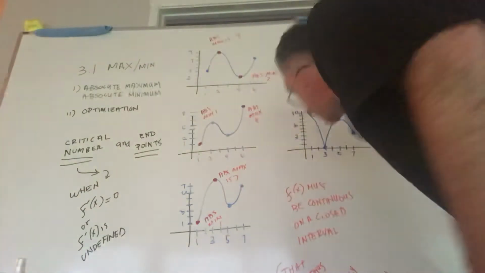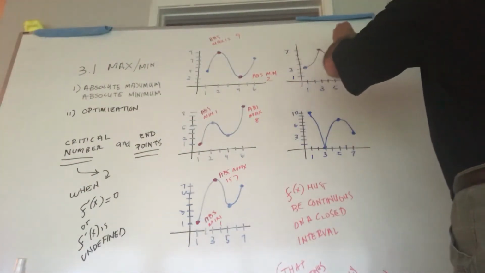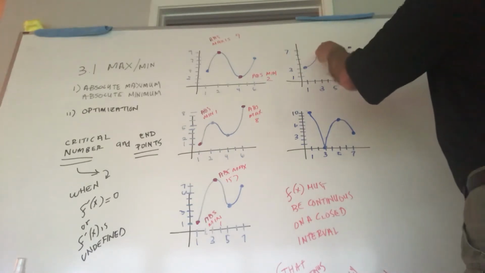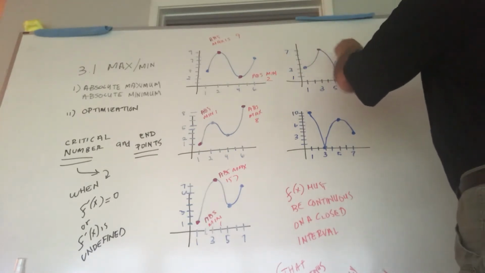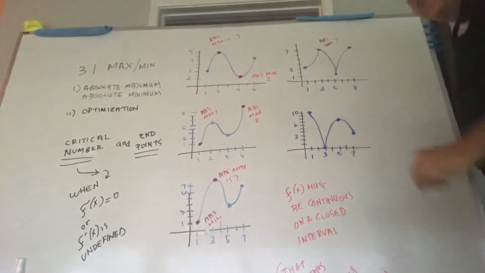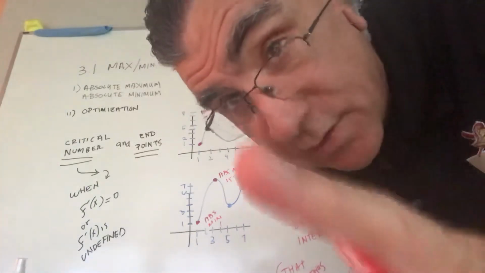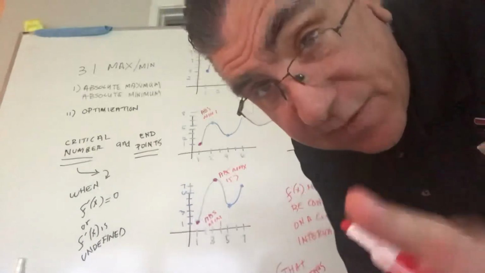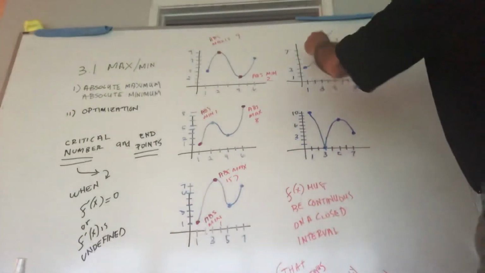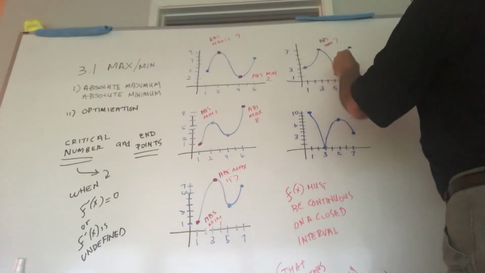Next one. So when we look at the graph here, oh, that's weird. It can happen more than once, but that still means the absolute max is 7. There's only one absolute min and one absolute max. It can happen at a lot of x values, but the y value has only one absolute max, and then the absolute min here is at 1.